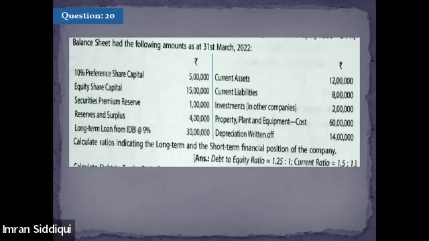Do you want to try it now, or shall I give this as homework to you? Again, in this question, you need to find out the ratio. The question is saying calculate ratio indicating long-term and short-term financial position.